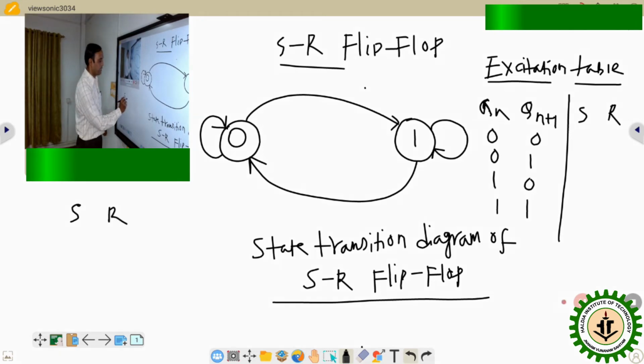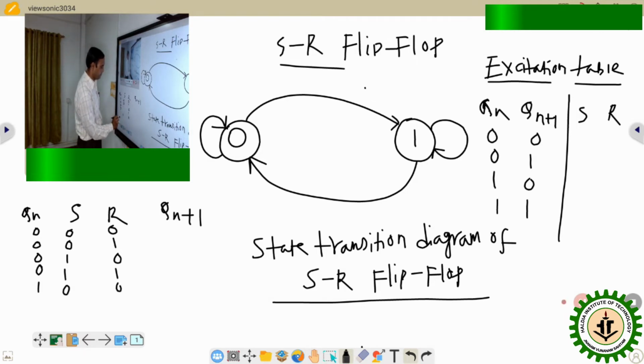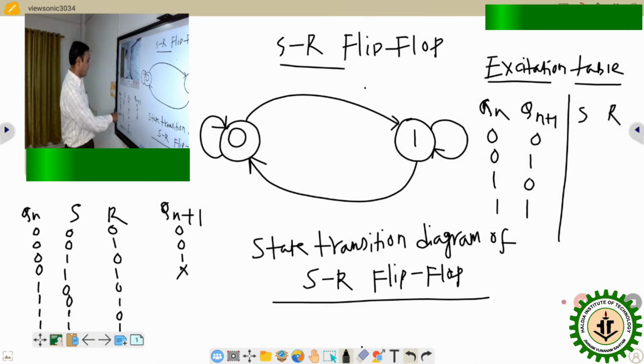Say S, R, Qn plus 1 and Qn. 0 0 0, so it will be 0 0 0 1, so it depends on S value 0. 0 1 0, it depends on S value 1. 0 1 1, so it is illogical, so cross. 1 0 0, so it is Qn value. 1 0 1, depends on S value 0. 1 1 0, depends on S value 1, and 1 1, it is cross.